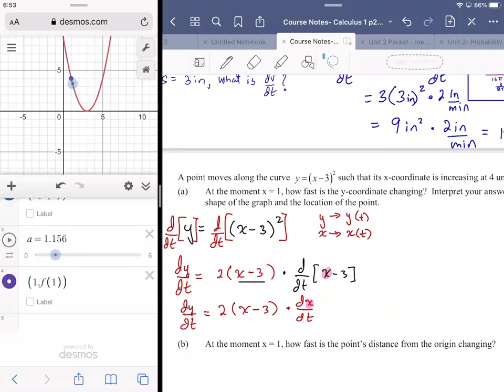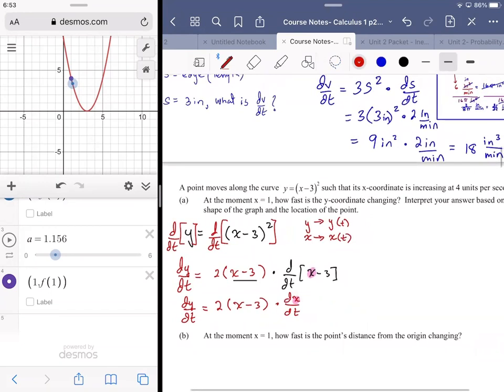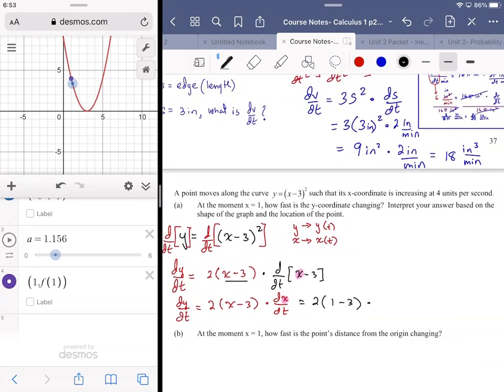Apologies. All right. So now we go plugging and chugging away. They told us at the moment that x is equal to 1, so 2 times 1 minus 3. They told us the x coordinate is increasing at a rate of 4 units per second, right?